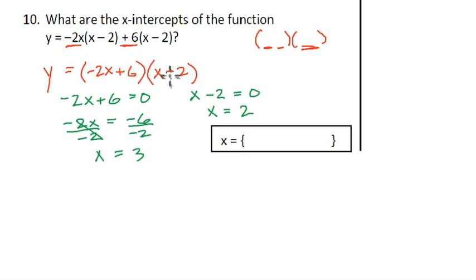If you plug 2 into this binomial, it changes to 0, so the whole equation changes to 0, and that's what defines our x-intercepts whenever our y is equal to 0. So in this case, the x-intercepts of this function are positive 2 and positive 3. So positive 2 and positive 3 will change this equation to 0.